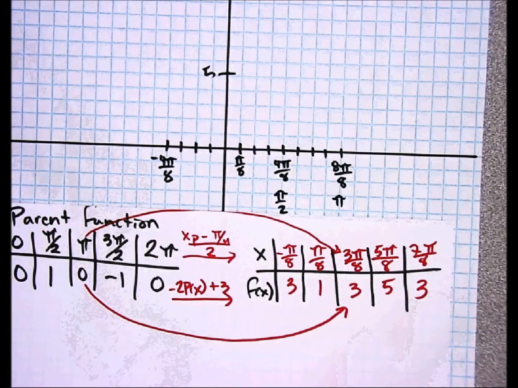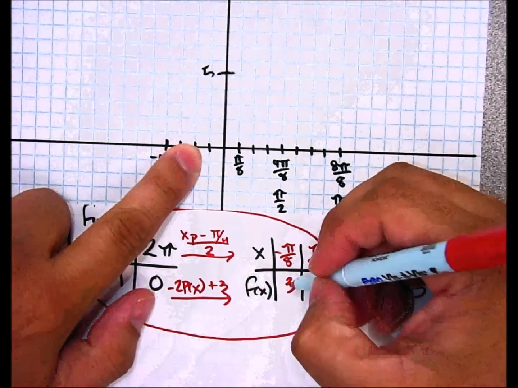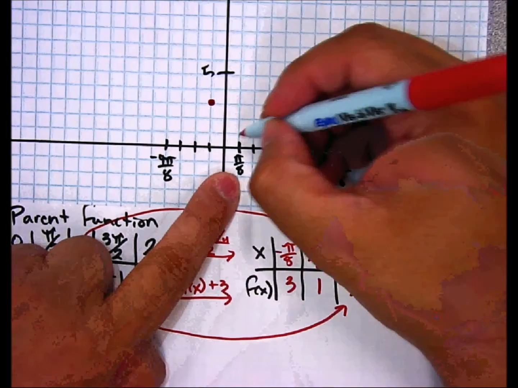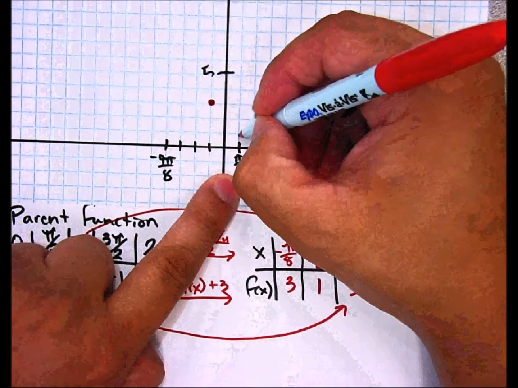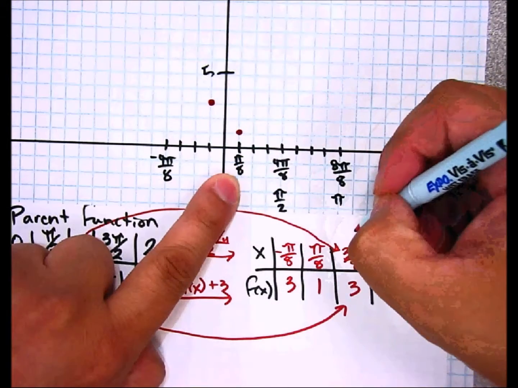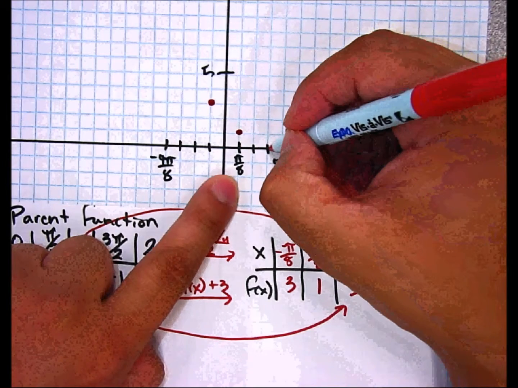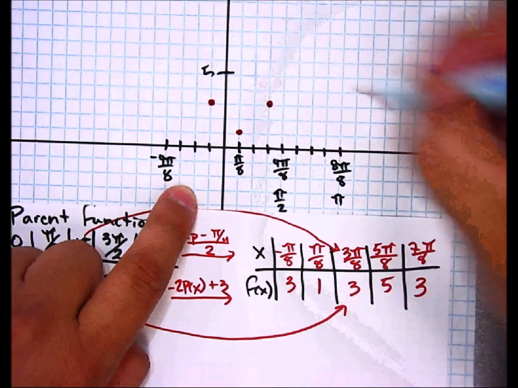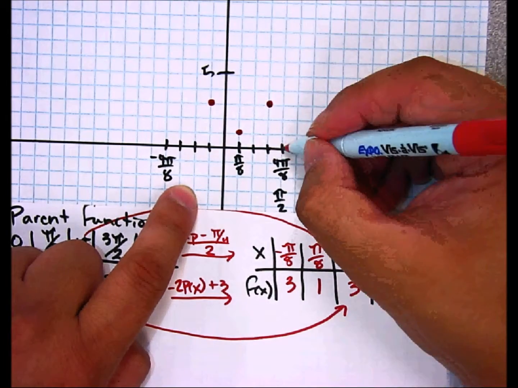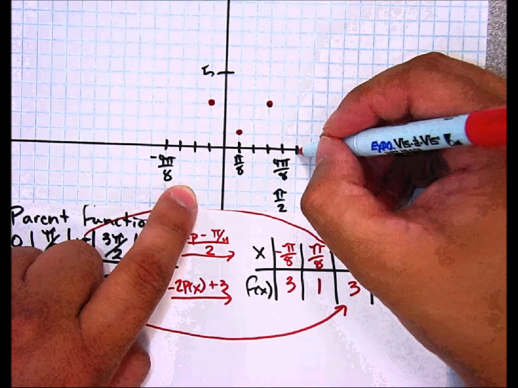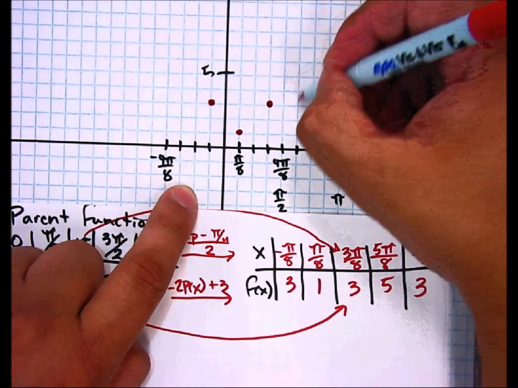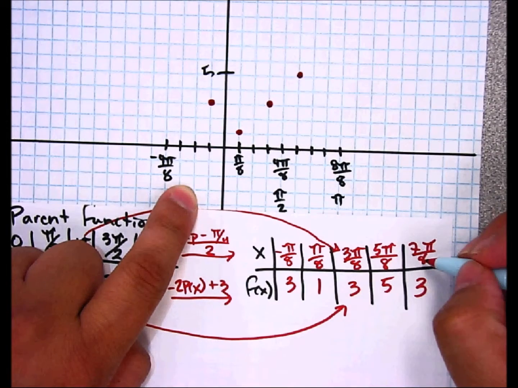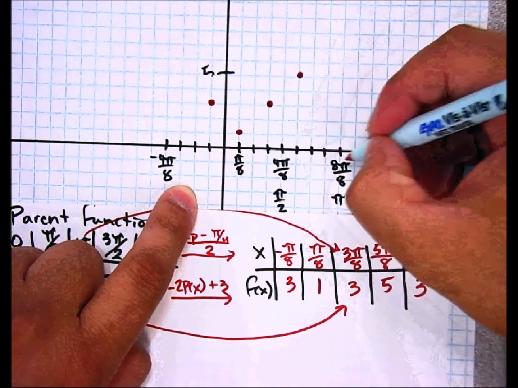So negative pi over 8, comma 3, pi over 8, right here, comma 1, 3 pi over 8, so 1 pi over 8, 2 pi over 8, 3 pi over 8 right here, comma 3, 5 pi over 8, comma 5, and then last 7 pi over 8, comma 3.